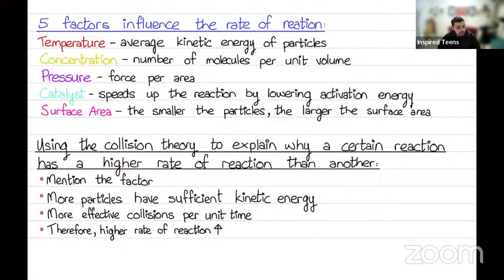If reaction A has a higher temperature than reaction B, you will say that since reaction A has a higher temperature, the average kinetic energy of particles is higher in reaction A, which means more particles have sufficient kinetic energy, there are more effective collisions per unit time, therefore there is a higher rate of reaction. That's how you can use it to answer the question. When I say mention the factor, that's what I mean.